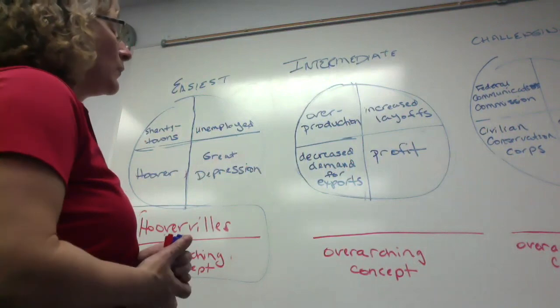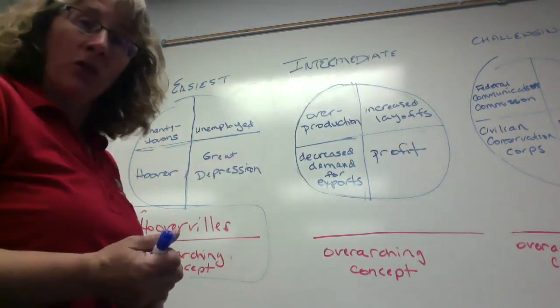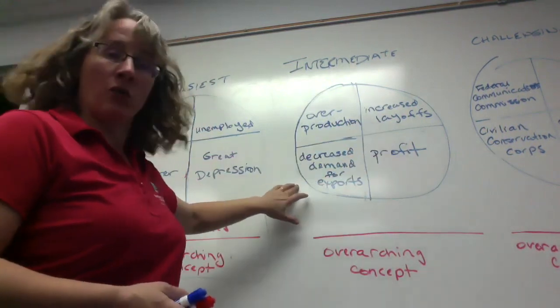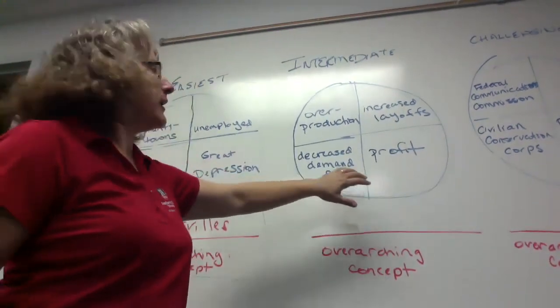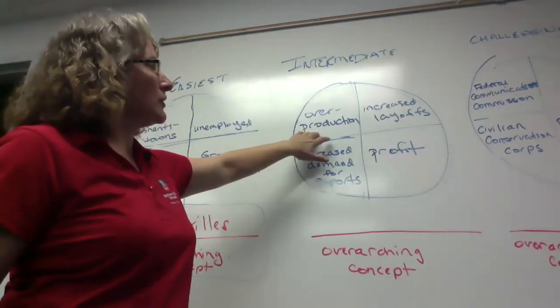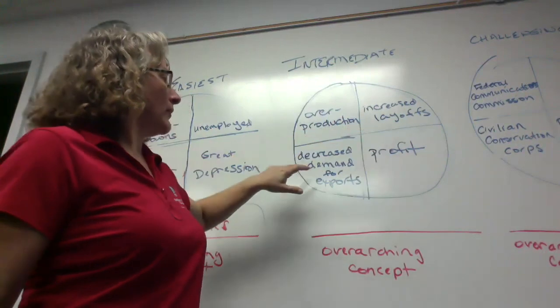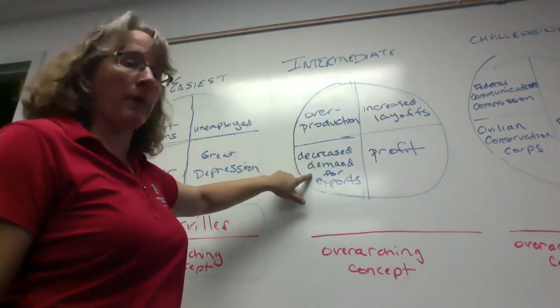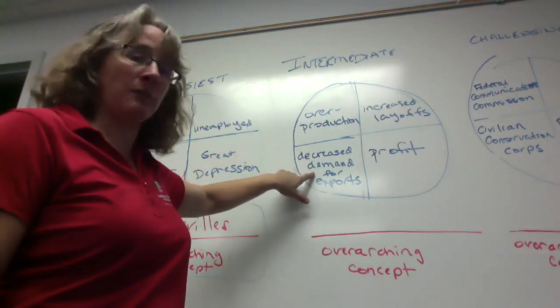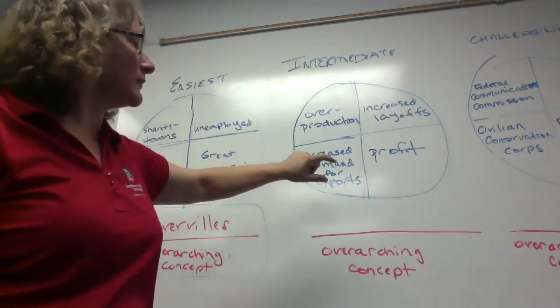So in this case, we have overproduction, increased layoffs, decreased demand for exports, and profit. Now, overproduction, increased layoffs. So we have an overproduction of goods and services, but we have decreased demand for our exports from foreign countries.